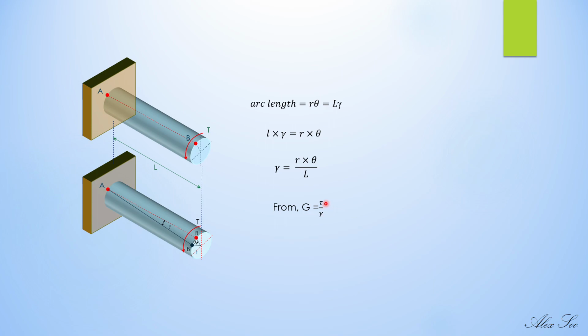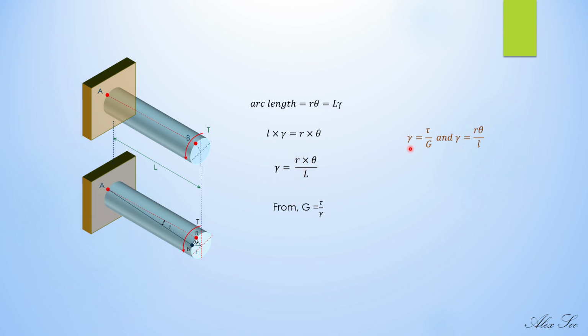The only thing is the stress here is a shear stress, and the strain is known as the shear strain. So gamma equals shear stress over shear modulus, and gamma equals r theta over L, that is from here.